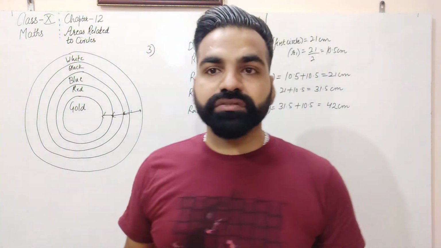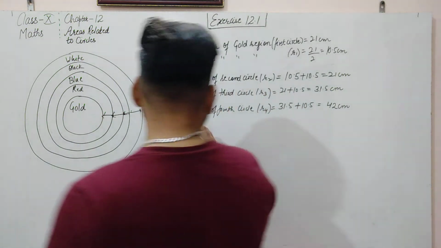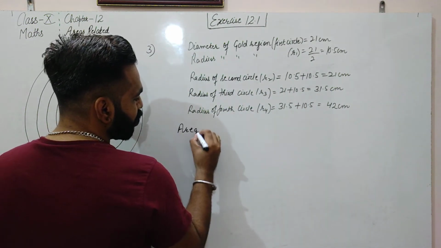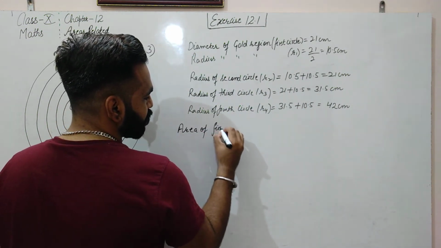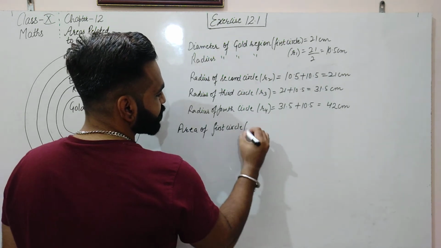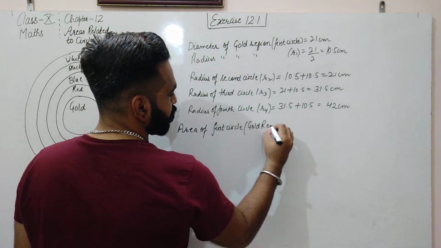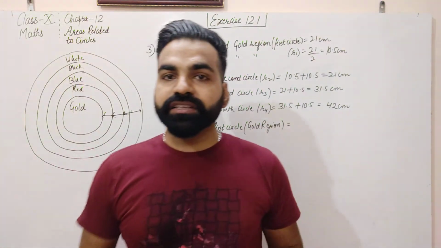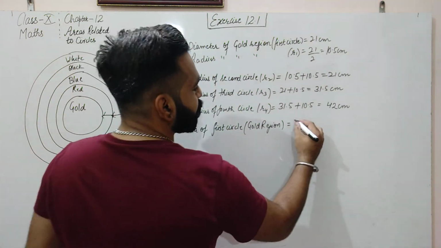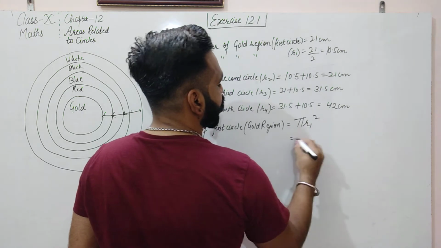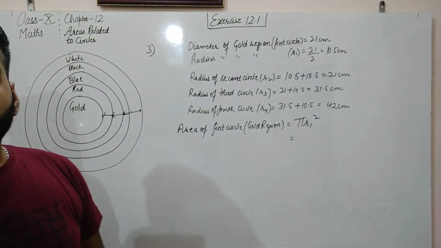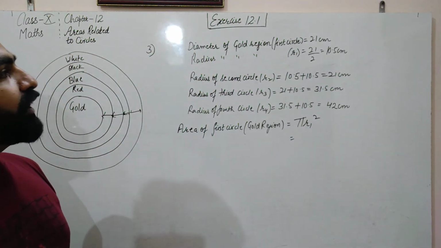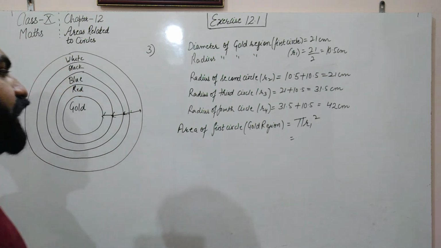and gold region. So we will start from the gold here. So area of first circle, that is gold region. To find the area of the gold region we will use the radius of gold region, that is pi r1 square. So by putting the value of pi and r1 we can solve the value of area here.